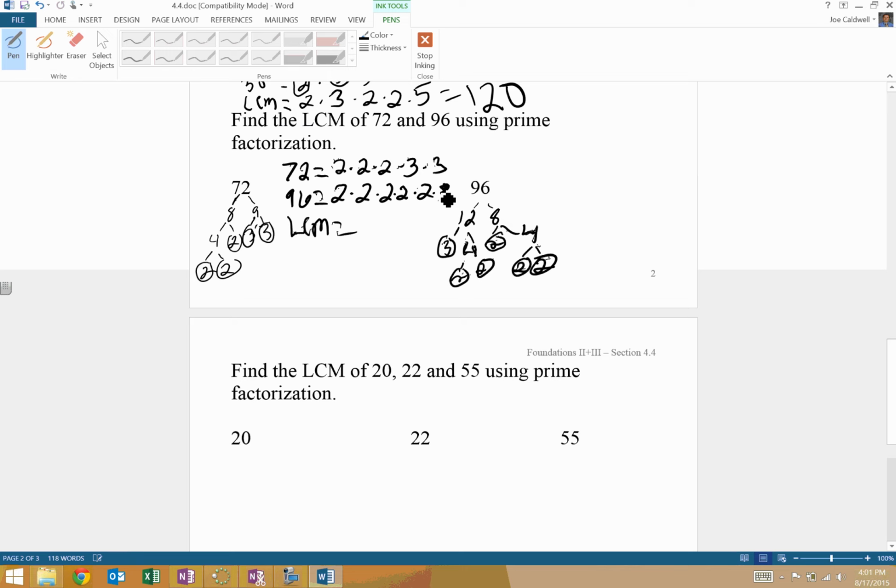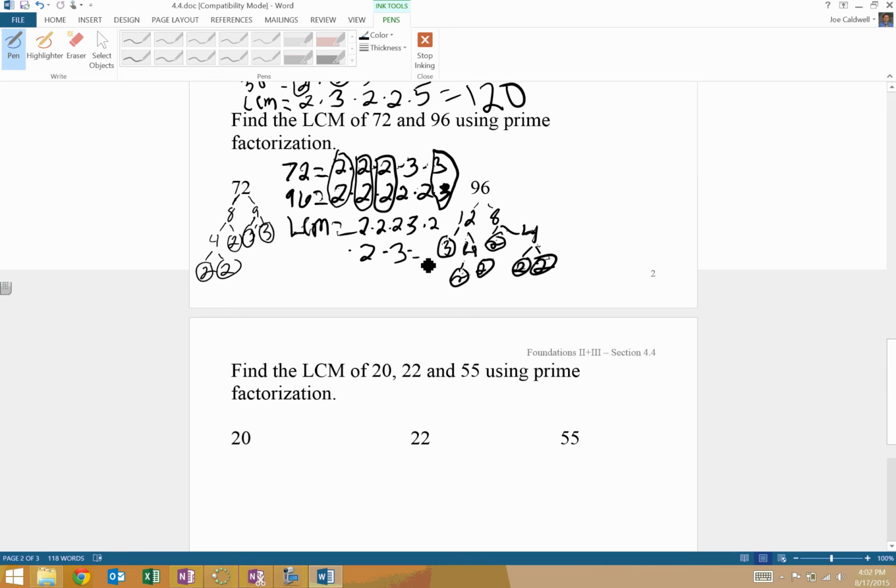Again, we're going to circle the ones they have in common, and it looks like they have a set of 3's. Write a representative down. Then we're going to write down everything else that's not circled from both. So they have a 2 and a 3. It's a pretty big long list there.